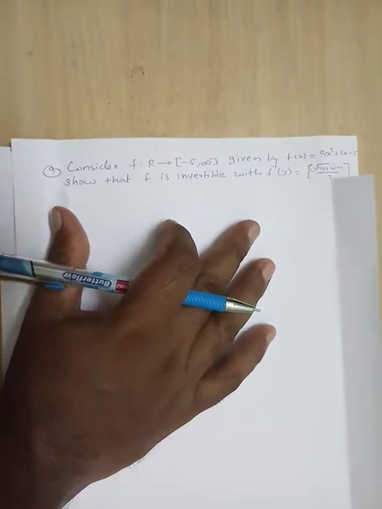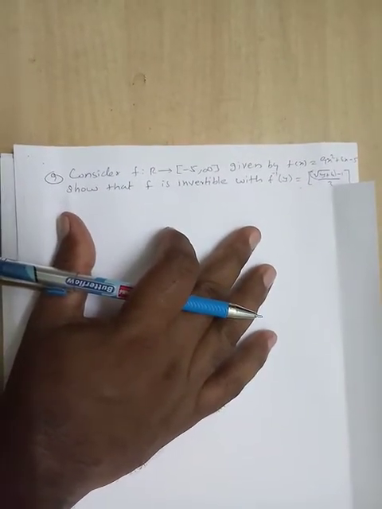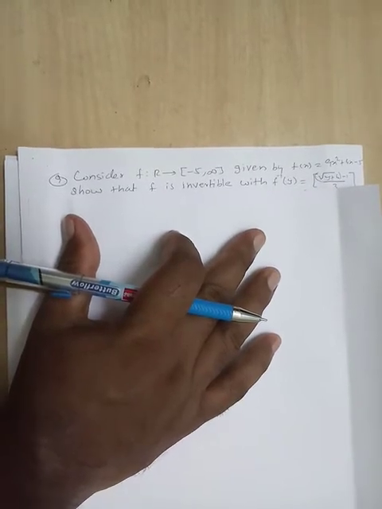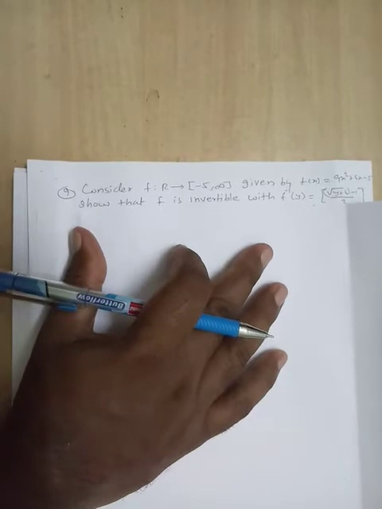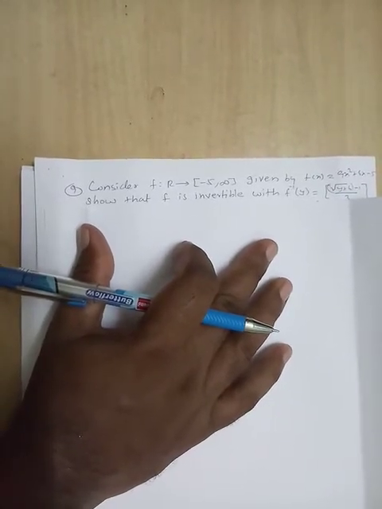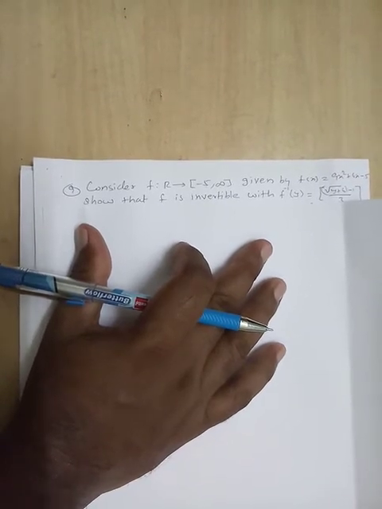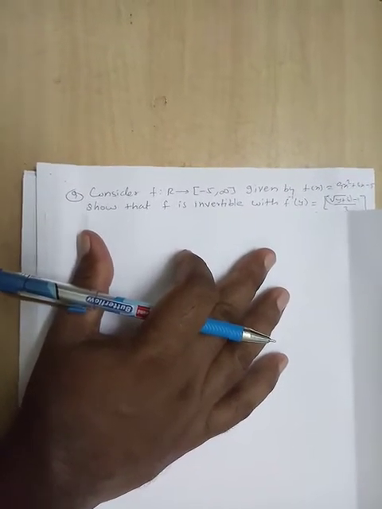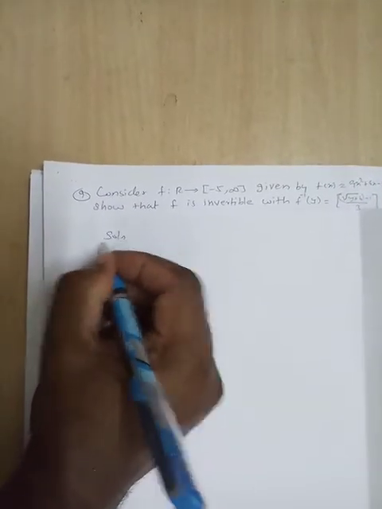Consider f from R to the closed interval [minus 5, infinity) given by f of x equal to 9x square plus 6x minus 5, so that f is invertible with f inverse of y equal to (root of (y plus 6) minus 1) the whole divided by 3. Here, solution.